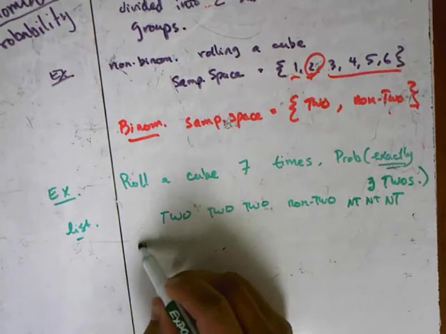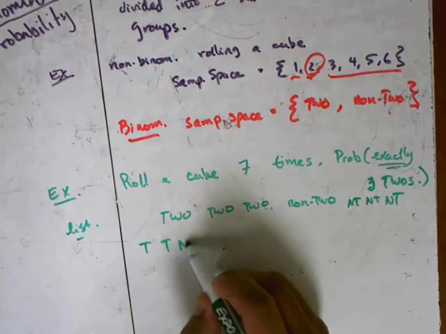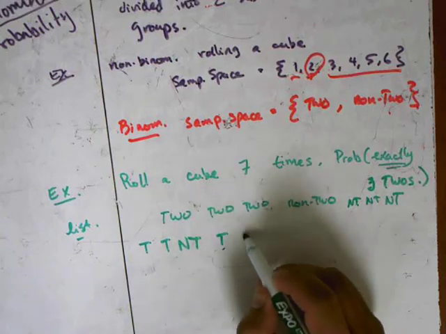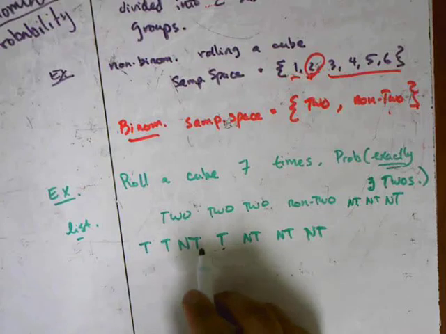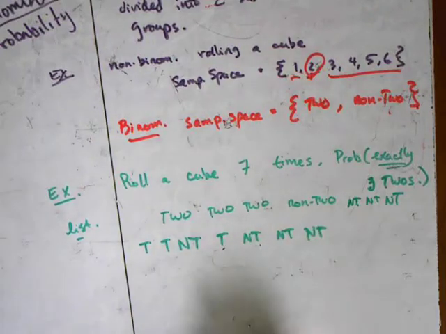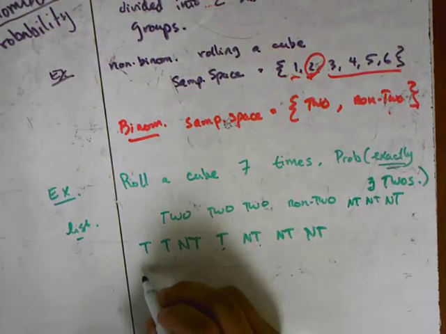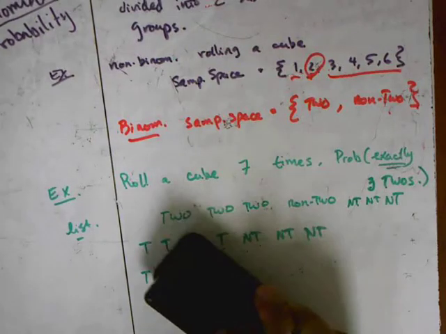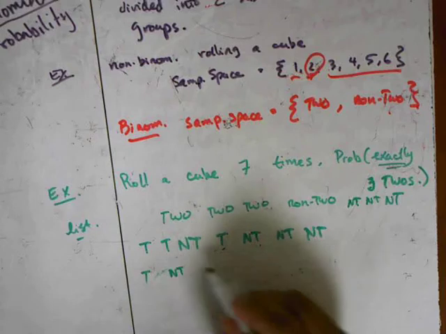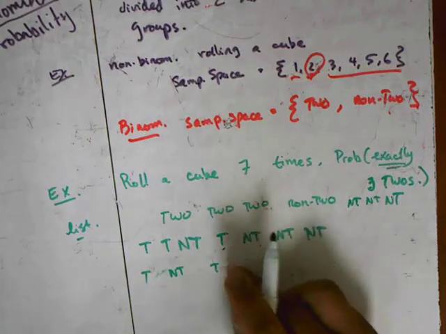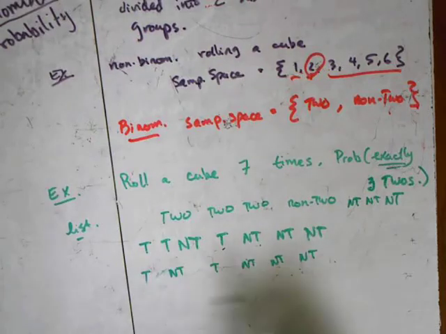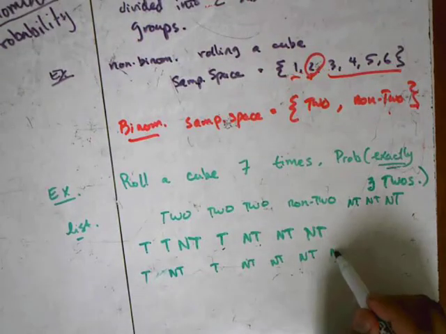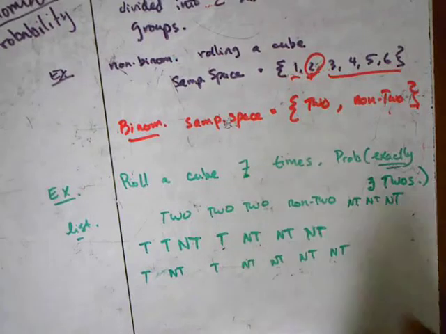But I could also get a 2, a 2, a non-2, a 2, non-2, non-2, non-2, and there are so many ways that I can do this. Each one of these represents each of these 7 rolls.